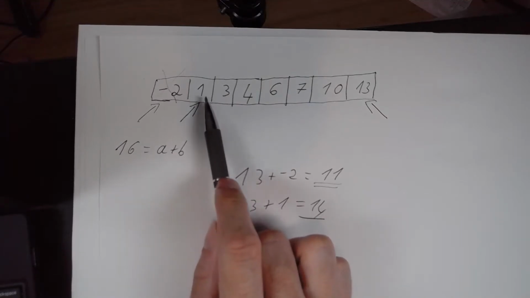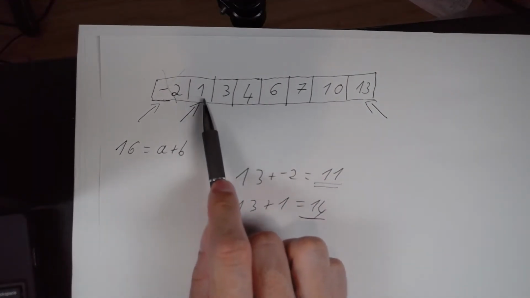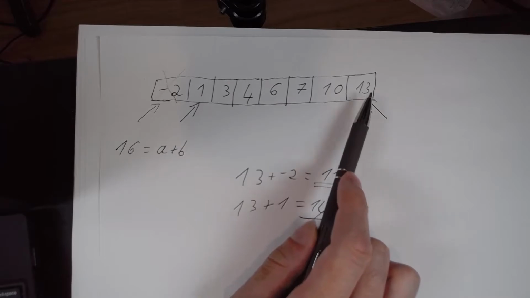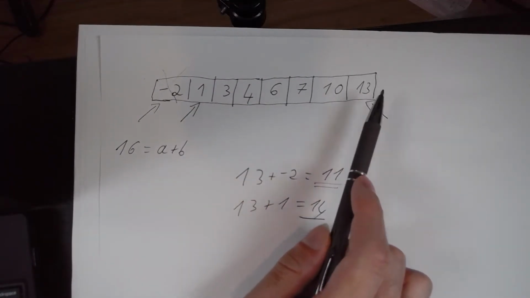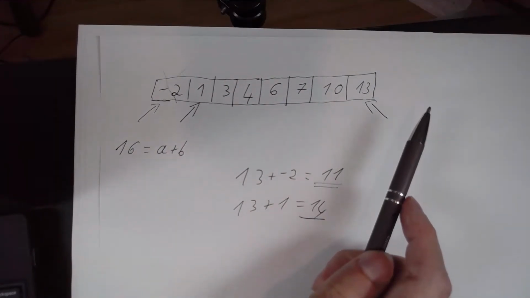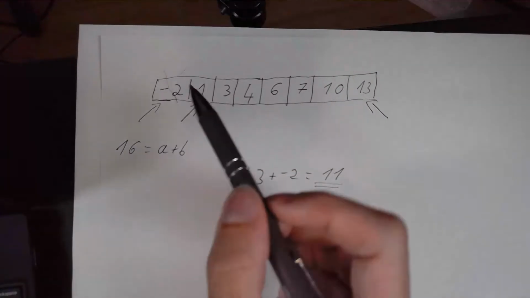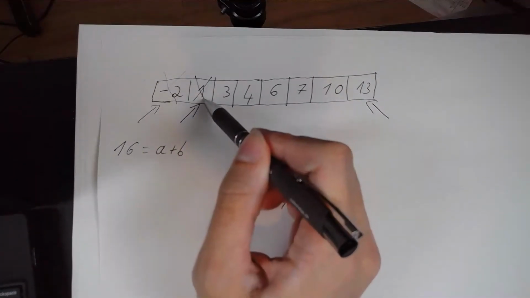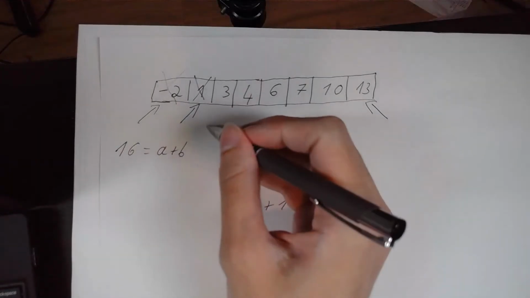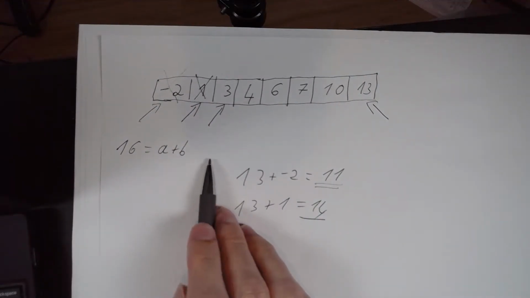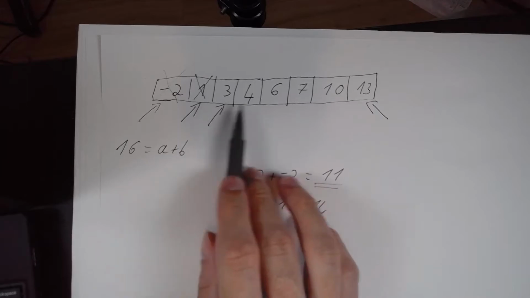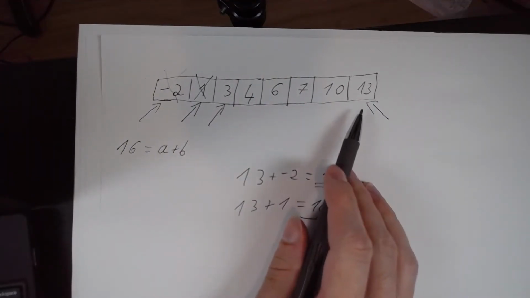So 1 plus every value here will always be smaller than 1 plus 13. And since 1 plus 13 is already smaller than the sum we search for, we again know that the 1 cannot possibly be part of our sum. As such, we can now look at the 3. And now we look at 3 plus 13, which is exactly 16, which is what we want to have here.